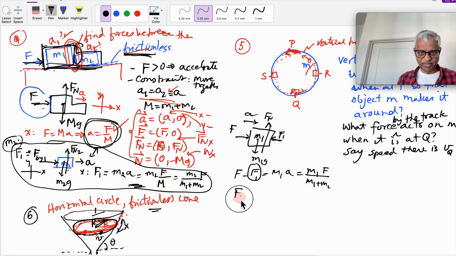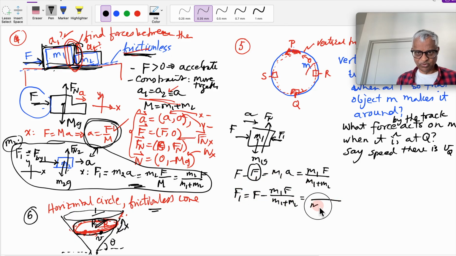F1 is F minus M1 F over M1 plus M2. Sure enough, if you do M1 plus M2, M1F plus M2F minus M1F, and M1F cancels out, and it's the same as M2F over M1 plus M2.